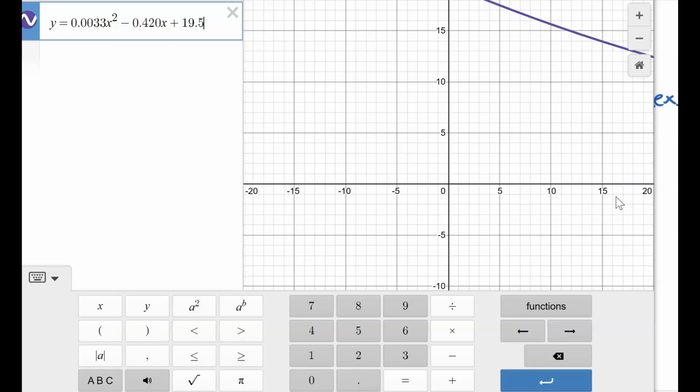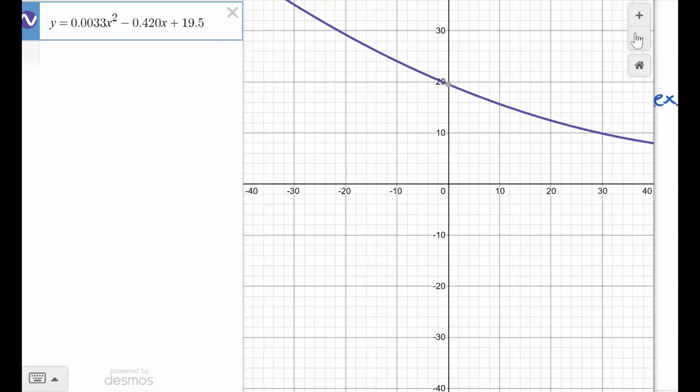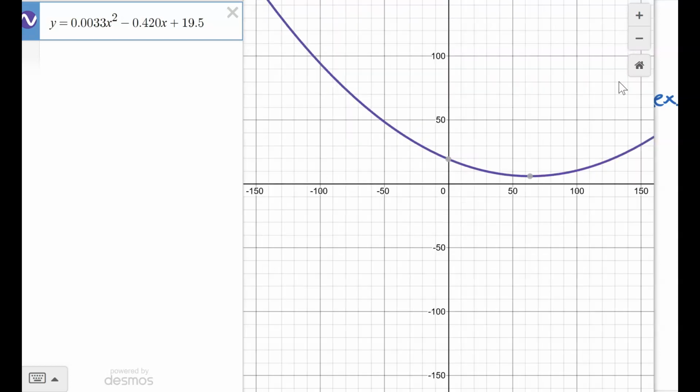Okay, and so we see here we've got a graph. I'm going to zoom out. And it identifies the vertex right here.